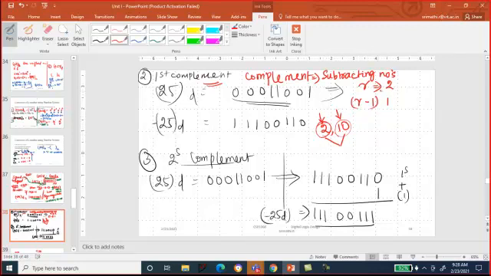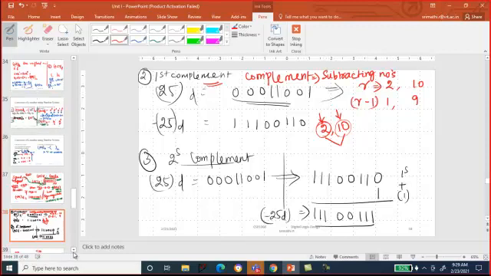So this is 2's complement and 1's complement, whereas in terms of radix 10, this is 10's complement and 9's complement. Let me go ahead with 1's and 2's complement.